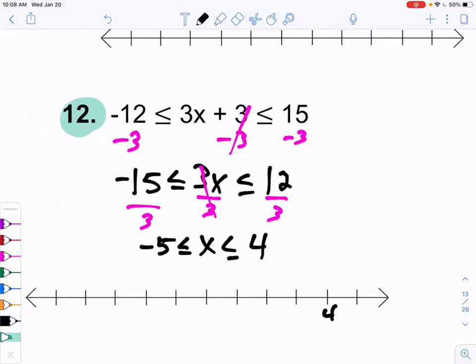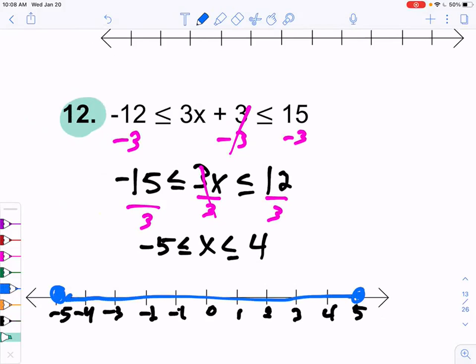So if we have a 4 here, 3, 2, 1, 0, -1, -2, -3, -4, -5. Are these going to be open circles or closed circles, Jason? Closed, yeah. And then you see x is between the two numbers, so for this one, you just shade right between them.